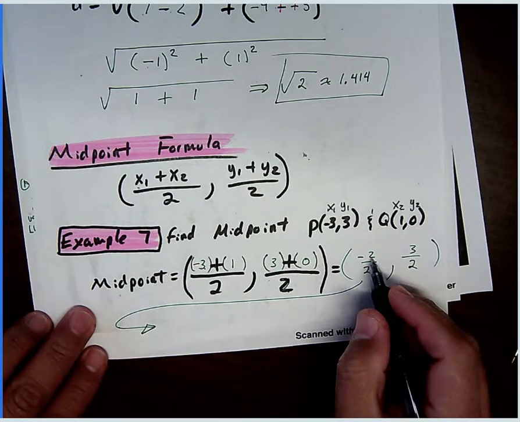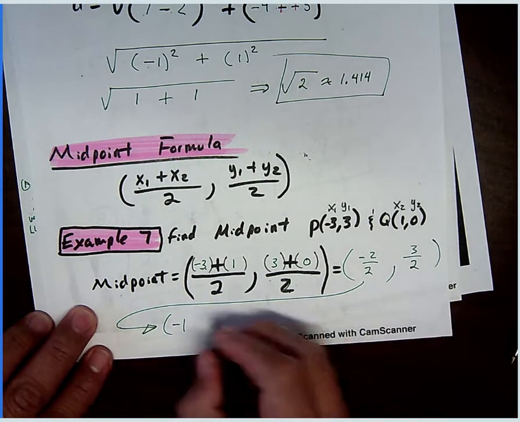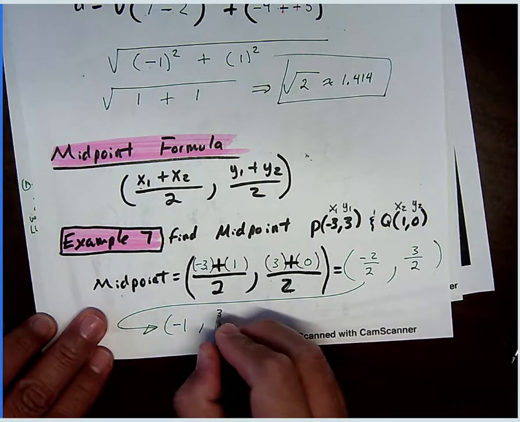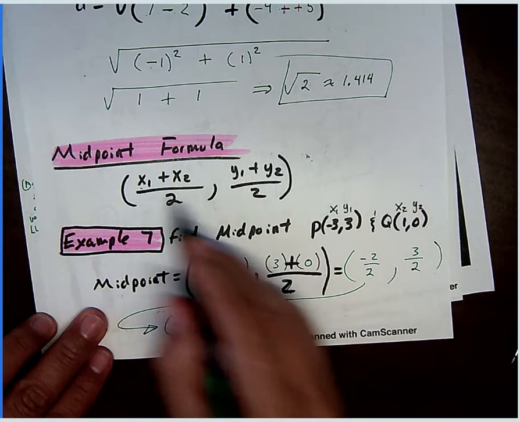So -2 over 2 would just be -1, and then the other point stays like that because you can't simplify any further. So that would be the midpoint of these 2 points.